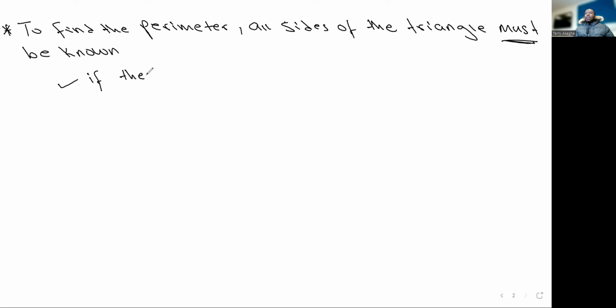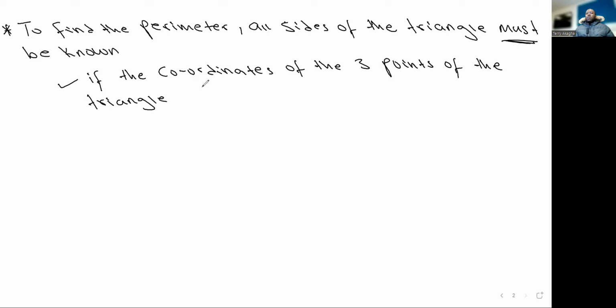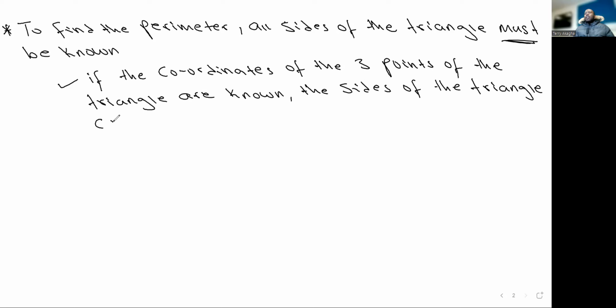So that means the first thing is that if the coordinates of the three points of the triangle are known, all right, then the sides of the triangle can be calculated using the distance formula.